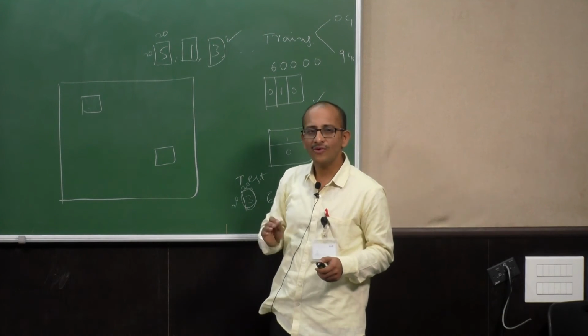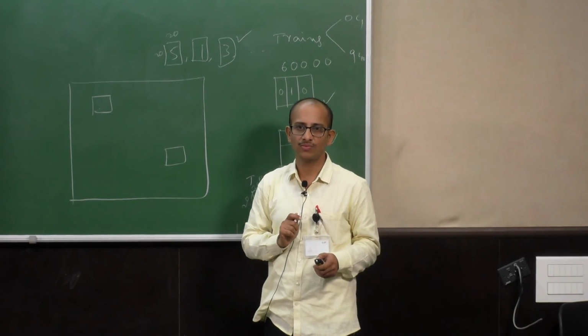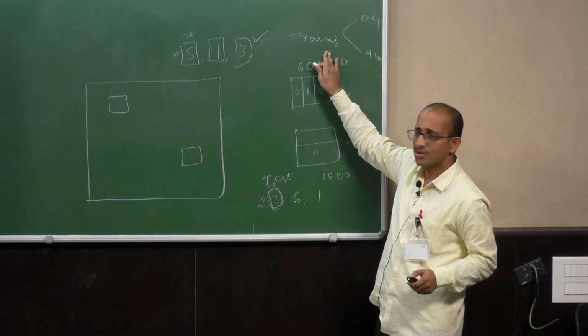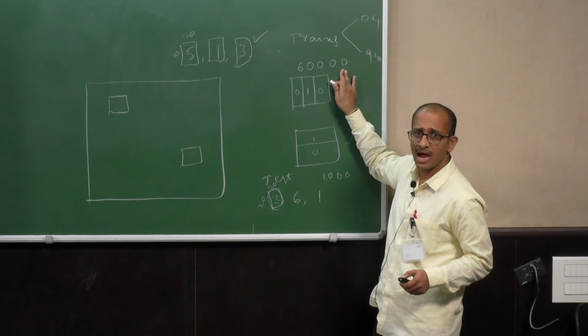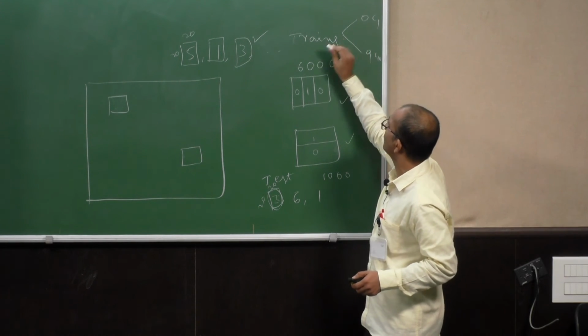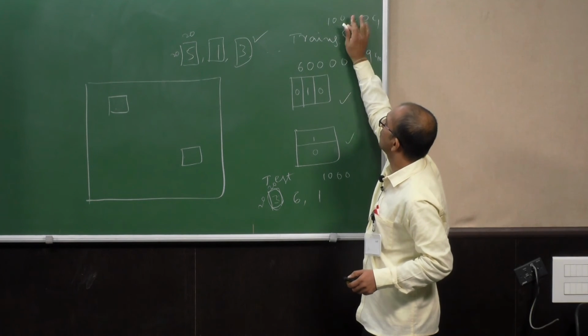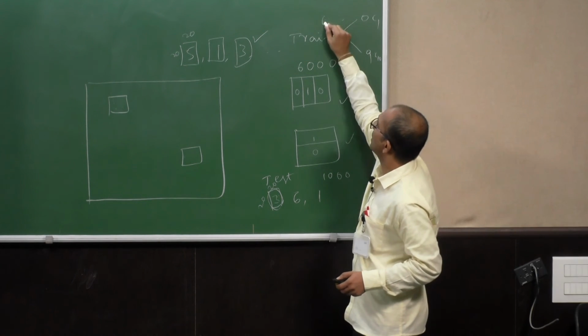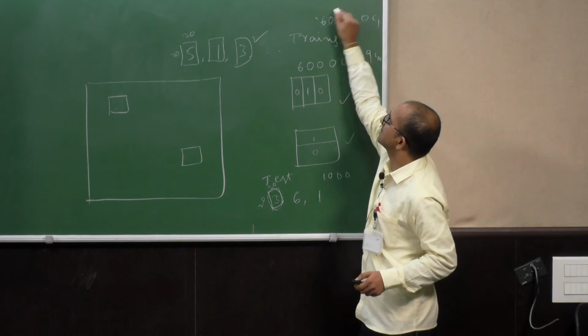If I want to do that, how many operations should I do? This 3, I have to compare with how many samples? 60,000 samples. Assume each class has 6,000 samples.